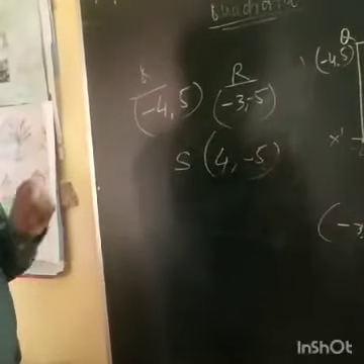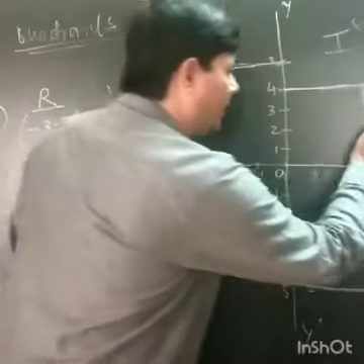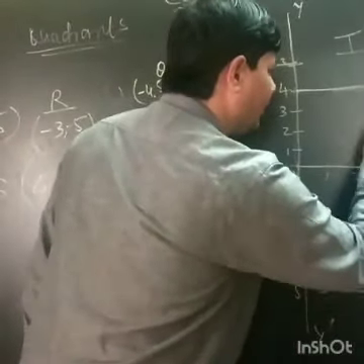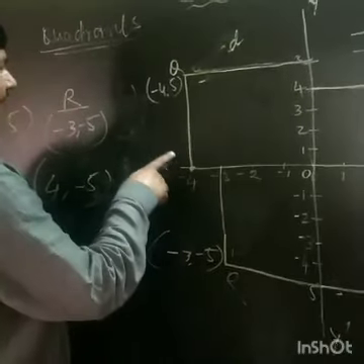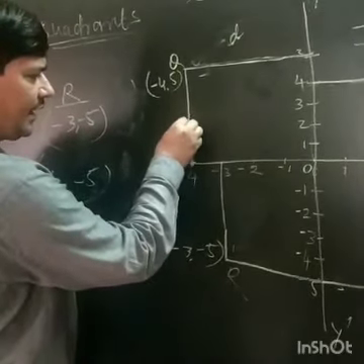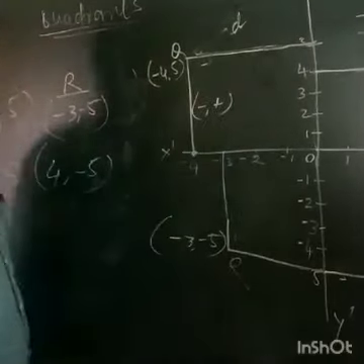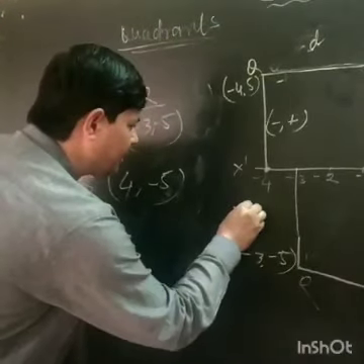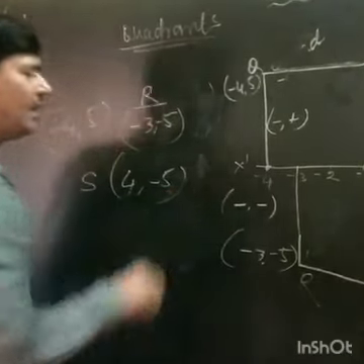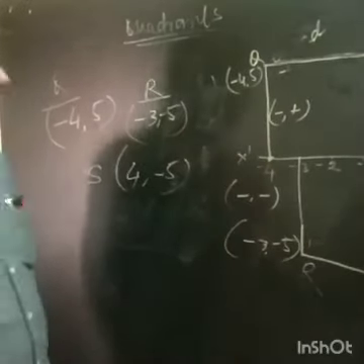Now what have you observed? If both x and y are positive, the point lies in the first quadrant. If x is negative and y is positive, the point lies in the second quadrant. If both are negative, it lies in the third quadrant.